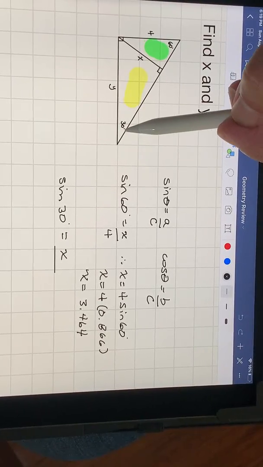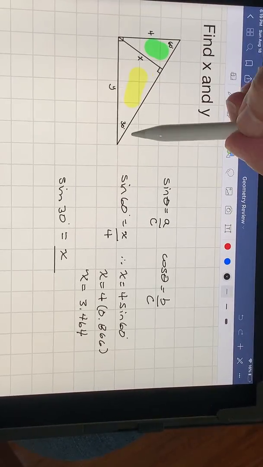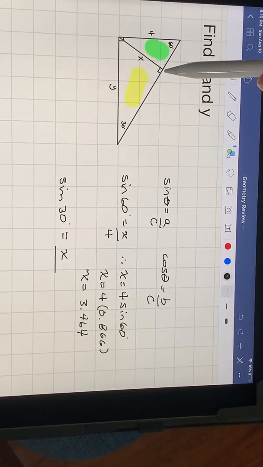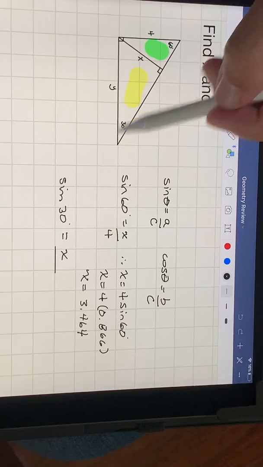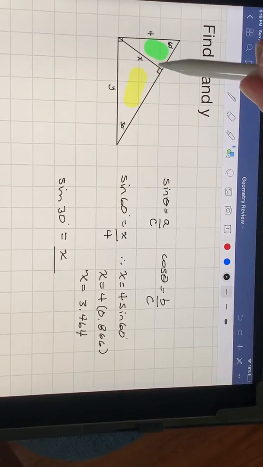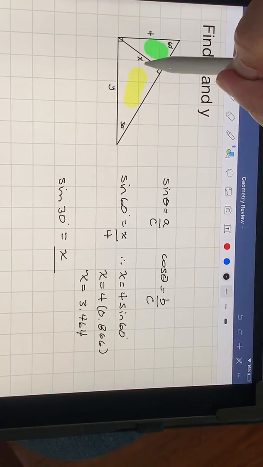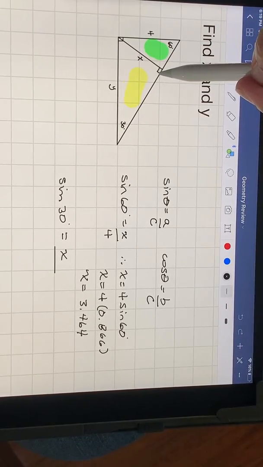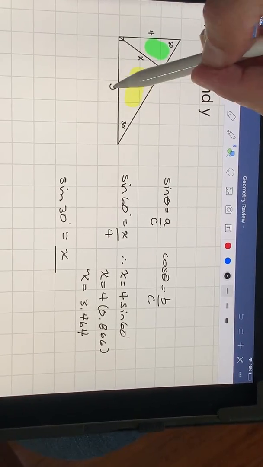But notice that the hypotenuse in this case is y, because it is opposite to the 90-degree angle, and that's the hypotenuse. So we have the two legs here, one being x, and the other leg here, which is not identified, but we know that the hypotenuse is y.